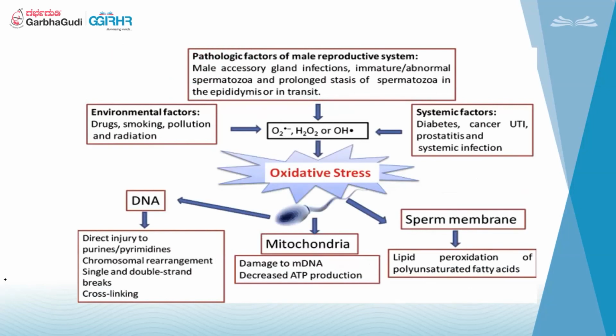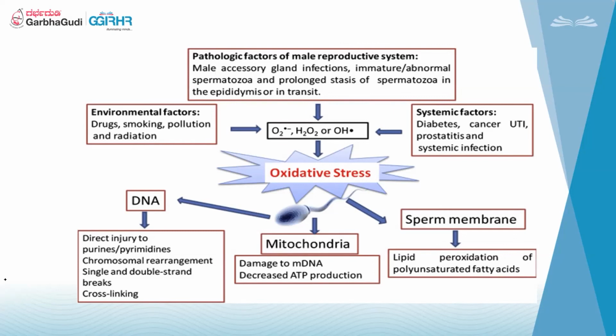So here we will just outline how oxidative stress is causing problems with infertility. Pathological factors of the male reproductive system, like infection in the accessory glands, abnormal forms of sperm being formed, or immature spermatozoa, and prolonged stasis of the spermatozoa in the epididymis, like in varicocele or in case of torsion, all lead to overproduction of reactive oxygen species like nascent oxygen, hydroxyl ions, or hydrogen peroxide.